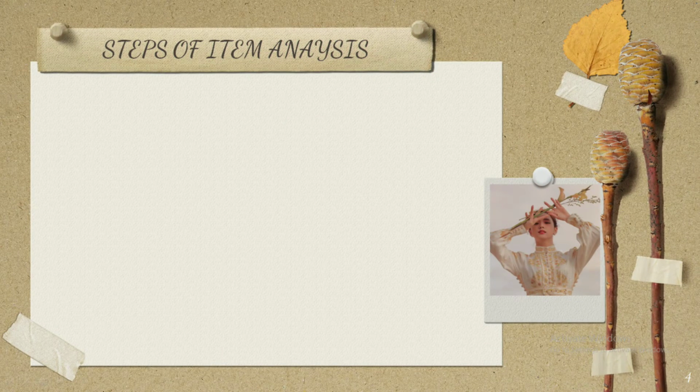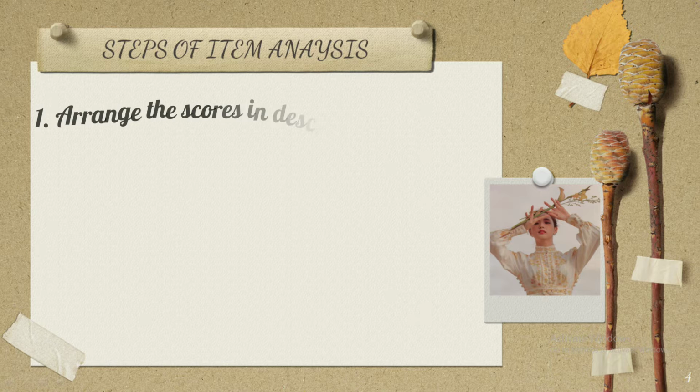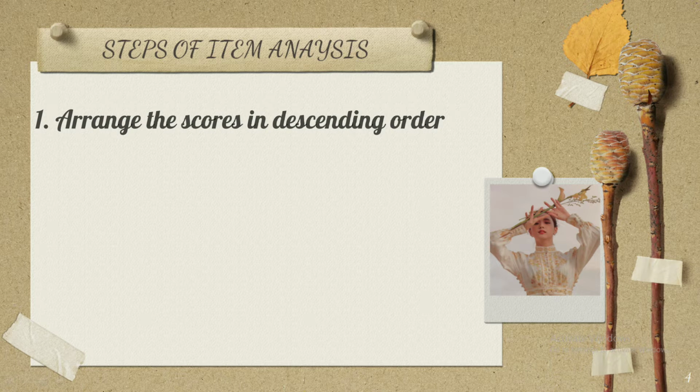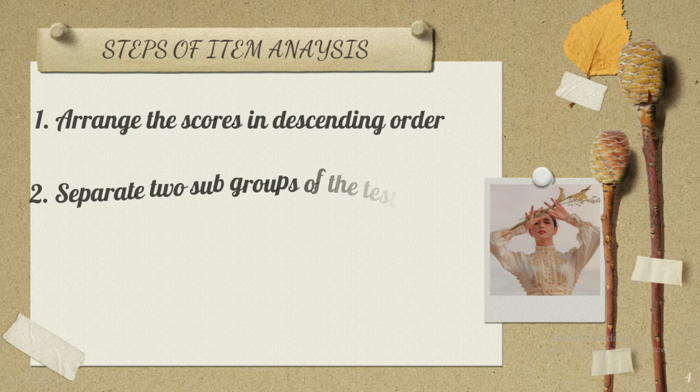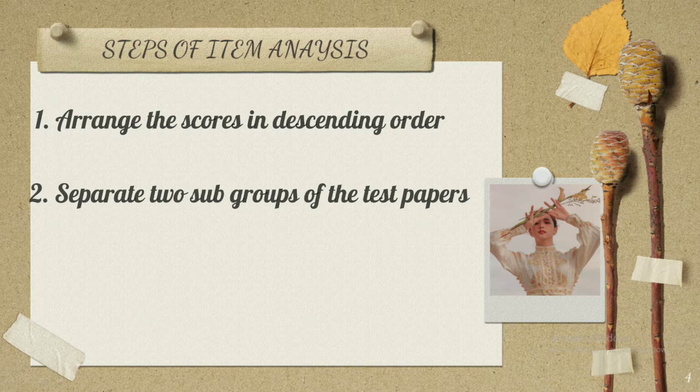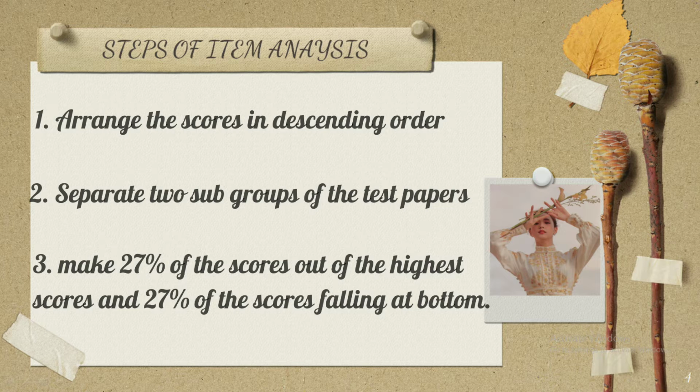Next are the steps of item analysis. The first is to arrange the scores in descending order. The second, separate two subgroups of the test papers. And the third is to take 27% of the scores from the highest scores and 27% of the scores falling at the bottom.